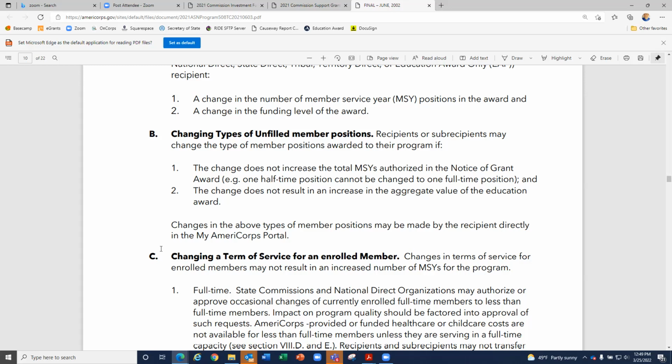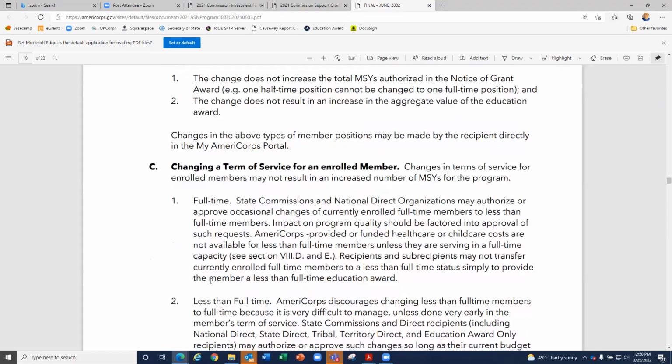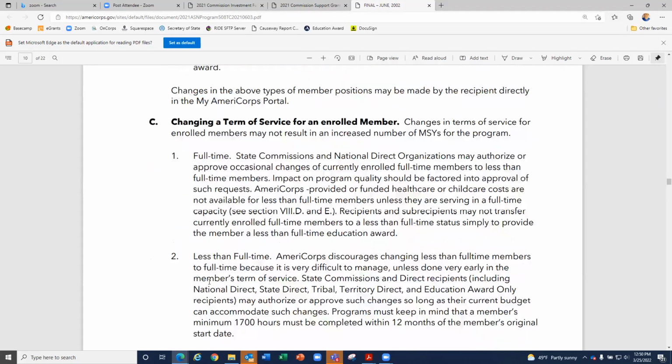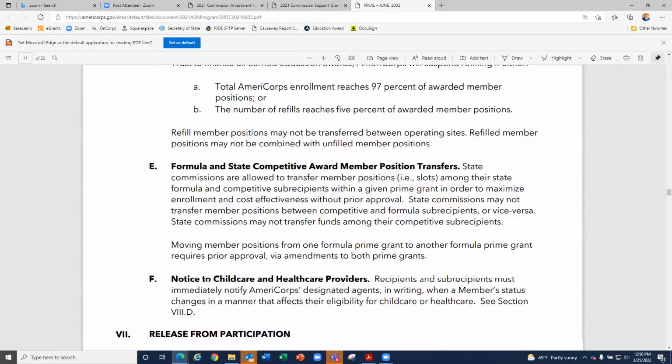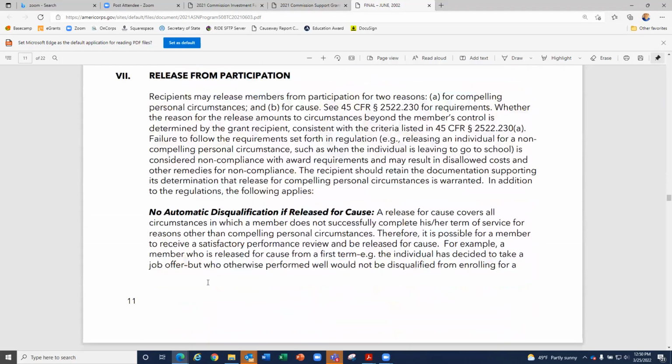So you ask us to change the type of service slot from a 1,700-hour commitment to a 900-hour commitment, for example. The rules and the way that happens are detailed in the terms and conditions here, but also in the training and information that we'll provide you after the fact. So that's all in this.